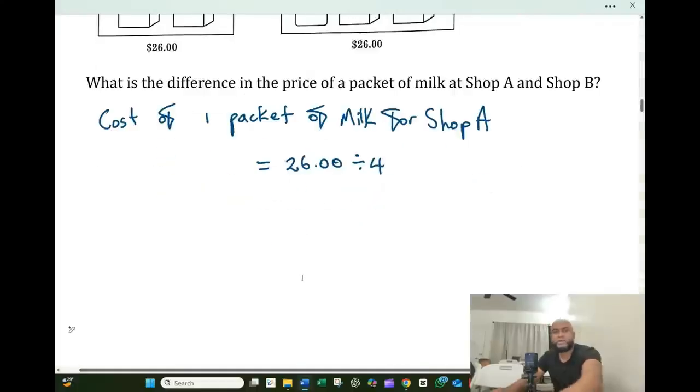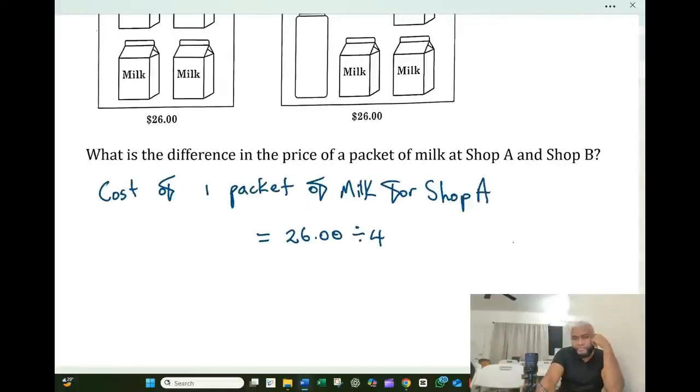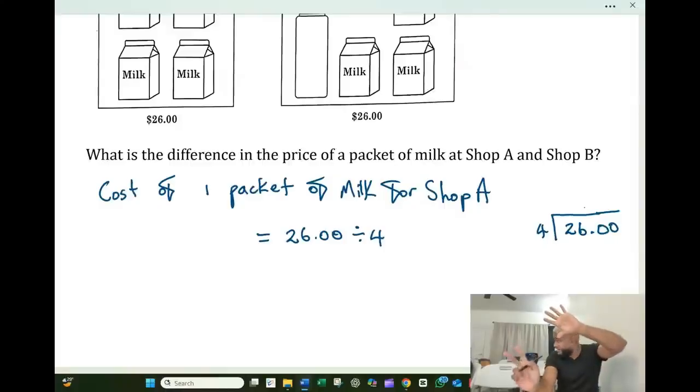So let's go to the column here. I'm going to line it up like this, 26 and 4, and put 0, 0. Now, how many times can 4 go into 26? 6, so you will get 6.